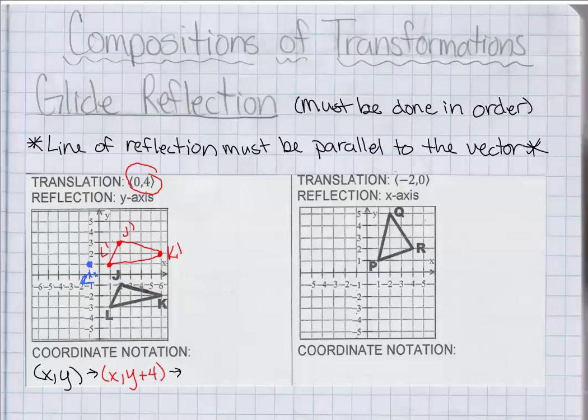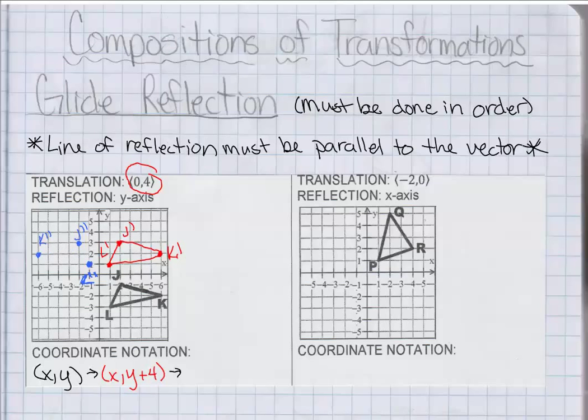J is 2 to the right of the y-axis, so it will go 2 to the left. Therefore, J is right here, and this will be J double prime. K is 6 to the right, so K will then be 6 to the left, and that will be K double prime.